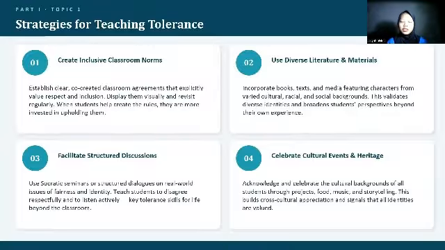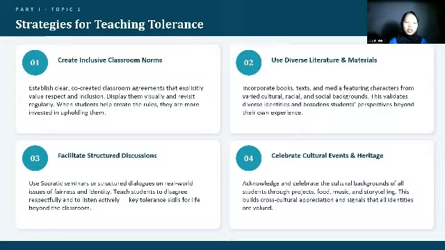2. Use diverse literature and materials. Incorporate books, texts, and media featuring characters from varied cultural, racial, and social backgrounds. This validates diverse identities and broadens student perspectives beyond their own experience. 3.